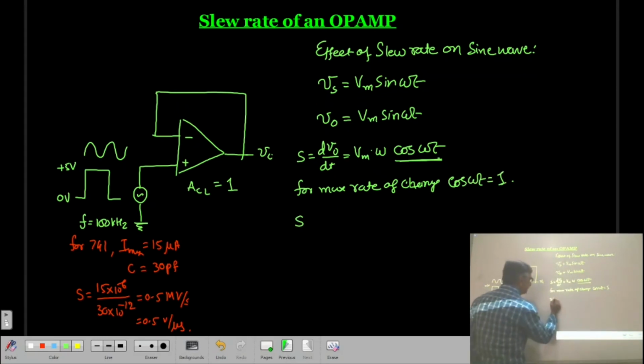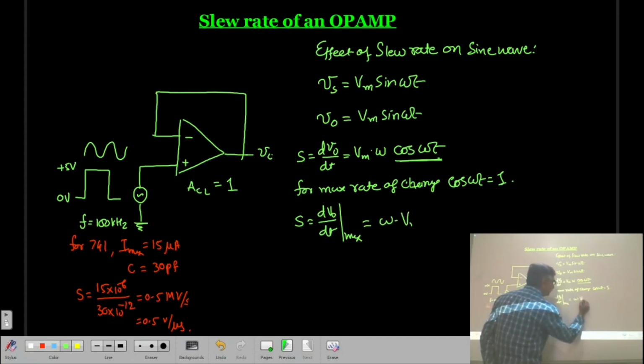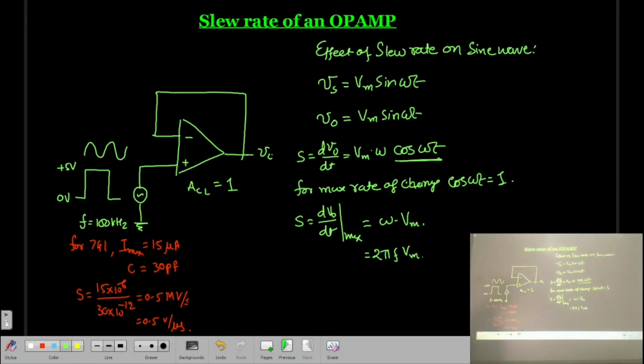So the slew rate is defined as dVo by dt. For maximum, it is written as omega into Vm. And this is nothing but 2 pi f into Vm. Correct?